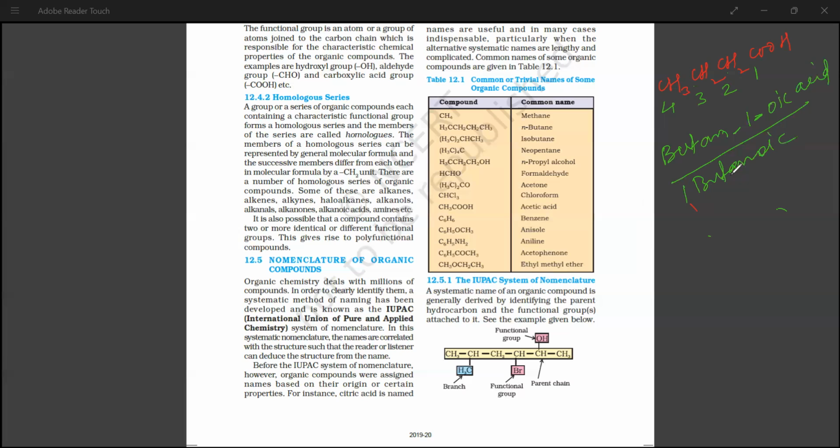Whether you write 1 or not is not a big issue, because it will be the same. 1-butanoic acid, butanoic acid, or butane-1-oic acid, all are one and the same. So this is about butanoic acid.